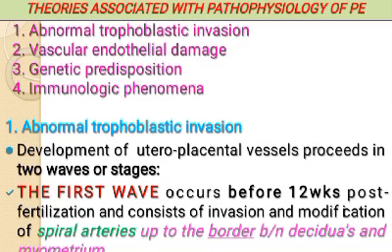Trophoblastic invasion: the development of uteroplacental vessels proceeds in two waves or stages. The first wave occurs before 12 weeks post-fertilization and consists of invasion and modification of spiral arteries up to the border between decidua and myometrium.